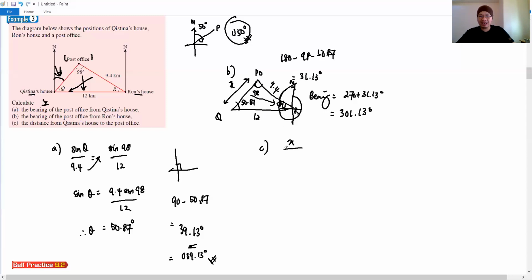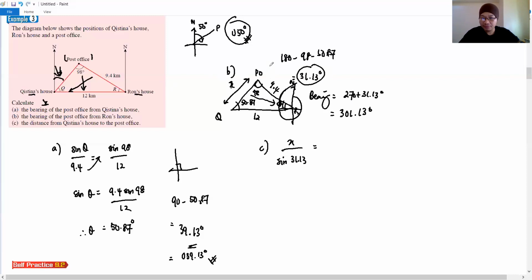How much is the angle? The R angle is 31.13. Not 301. 301 is your bearing. So the R angle actually is 31.13. So sine 31.13 equals, you need to find the other pairing. We got 98 pairing with 12, we got 50.87 pairing with 9.4.